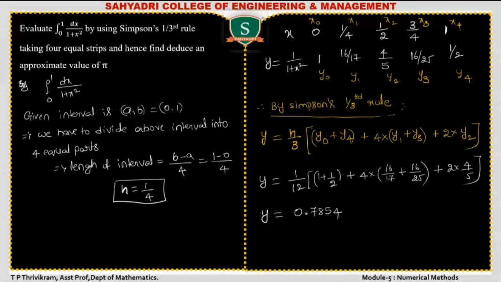After the fourth digit we are having more than 5, so round up to 4. So this is the right answer.